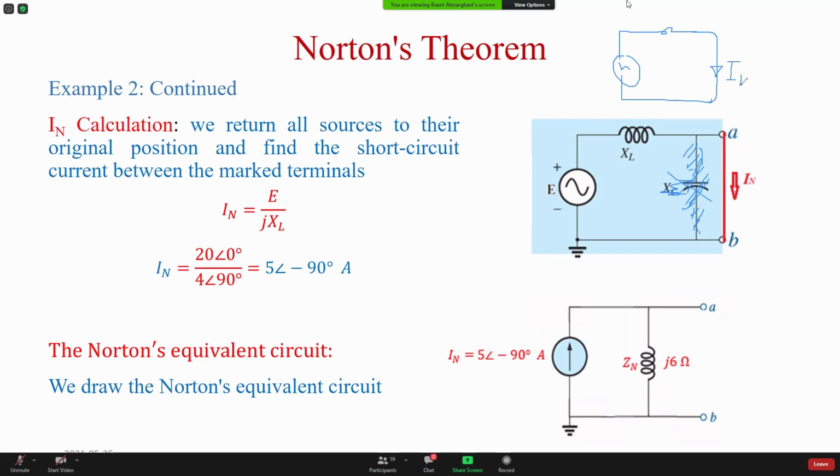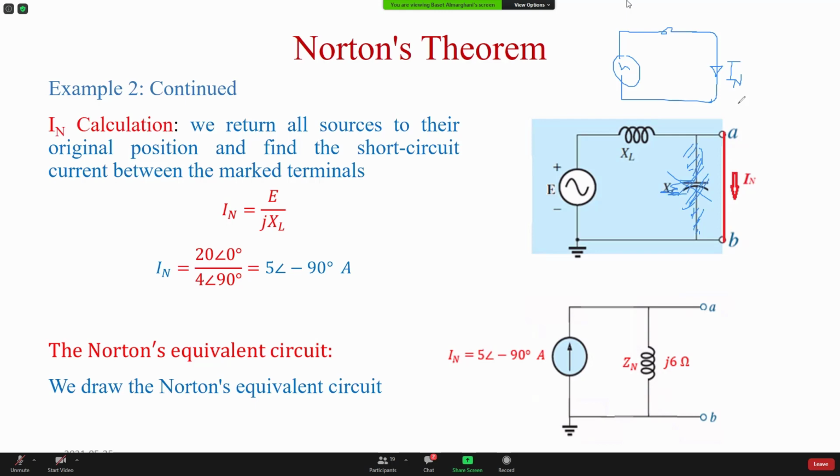This is I Norton. So remember again, the Norton equivalent current is actually the short circuit current between the terminals. You short the terminals of the circuit, you put the short circuit there, and you find the current in that short circuit.